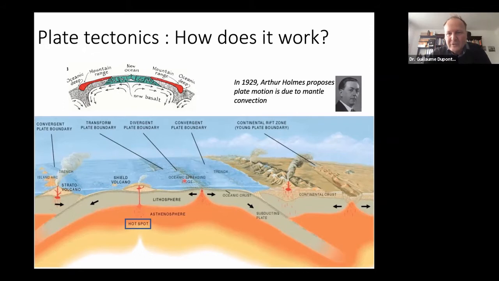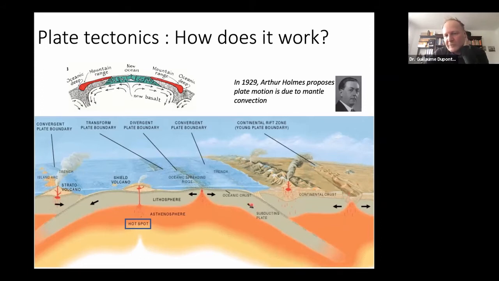Okay, another thing we didn't mention is that, as Alice explained well, you can have mountain formation because of compression. This is typical in a subduction zone. But sometimes you can also have extension, and you create continental rifts. We will go back to this in a later lecture when we talk about the East African rift. And this can be due to the rollback of the slab.